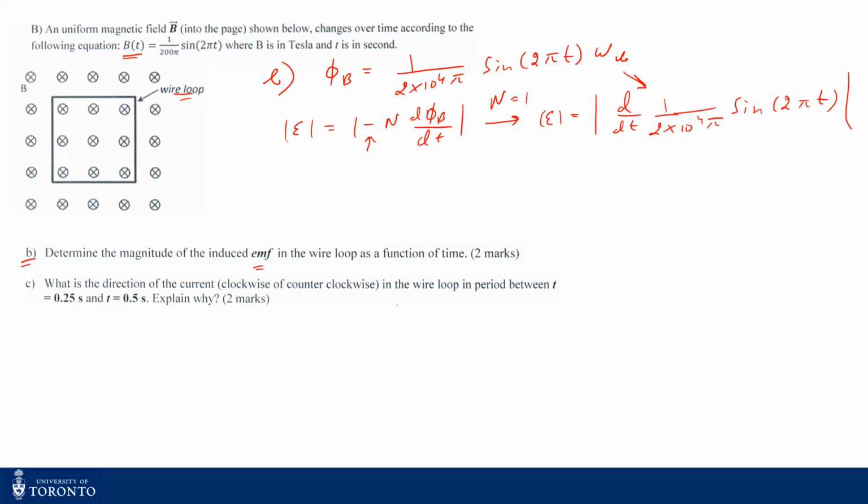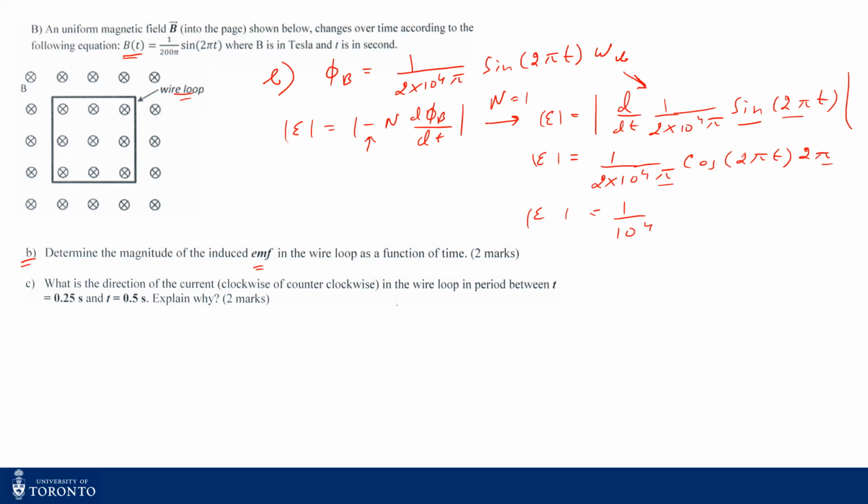So if I do the differentiation, I will have this sign to be cos, and I'll have 2 pi coming outwards and multiplying, right? So I will just end up having cosine of 2 pi t multiplied by the 2 pi, and the pi will cancel out to give me my induced EMF.